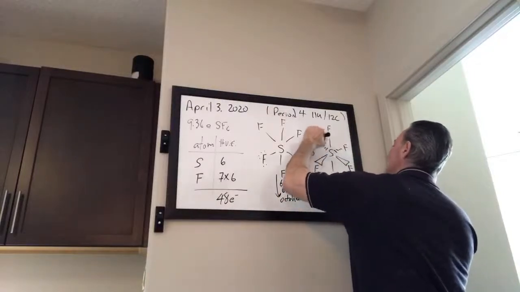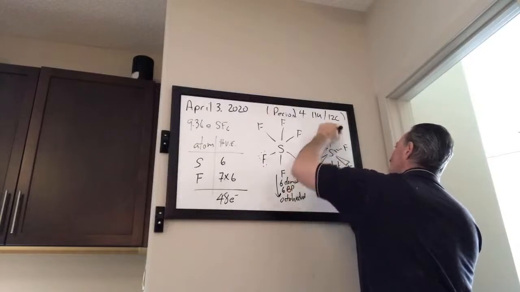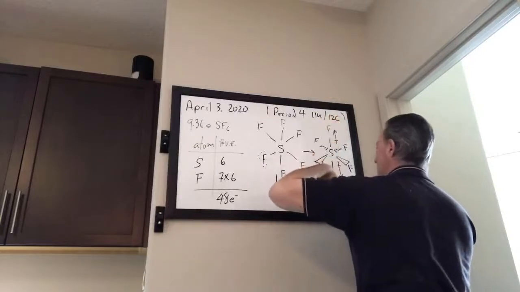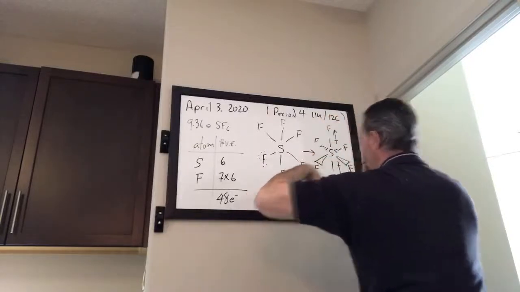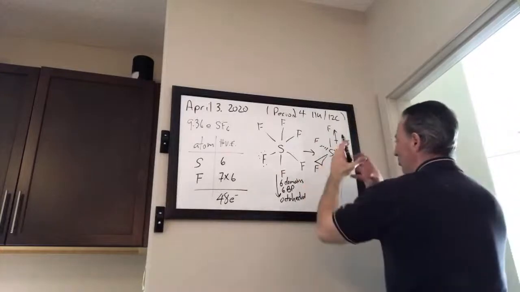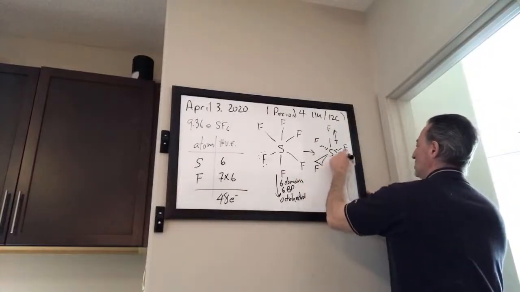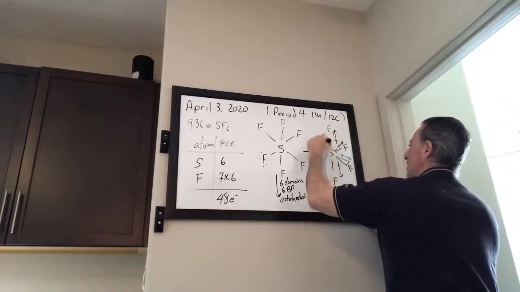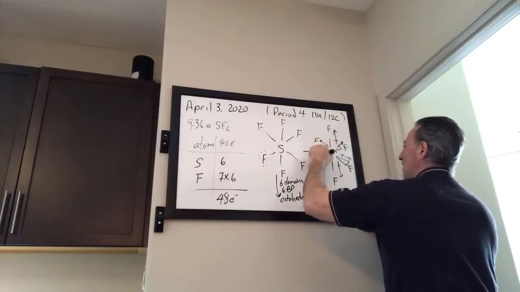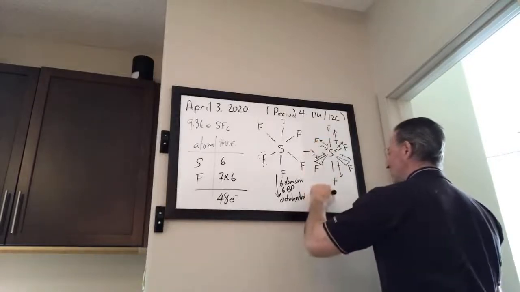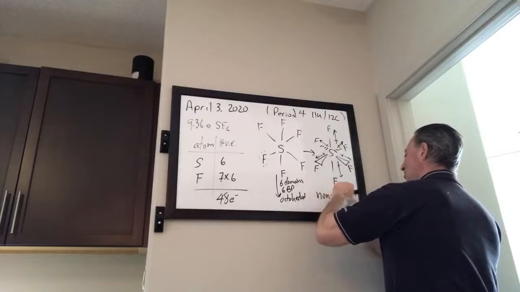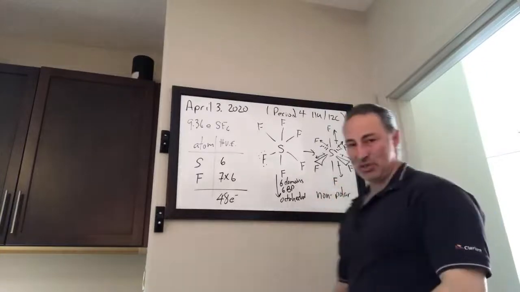So because of that symmetry, even though the fluorine atoms are more electronegative than sulfur, they pull the electrons away from the sulfur, but the forces are perfectly balanced, so all the dipoles cancel. The molecule is actually non-polar, and that means it would be soluble in some organic solvent.